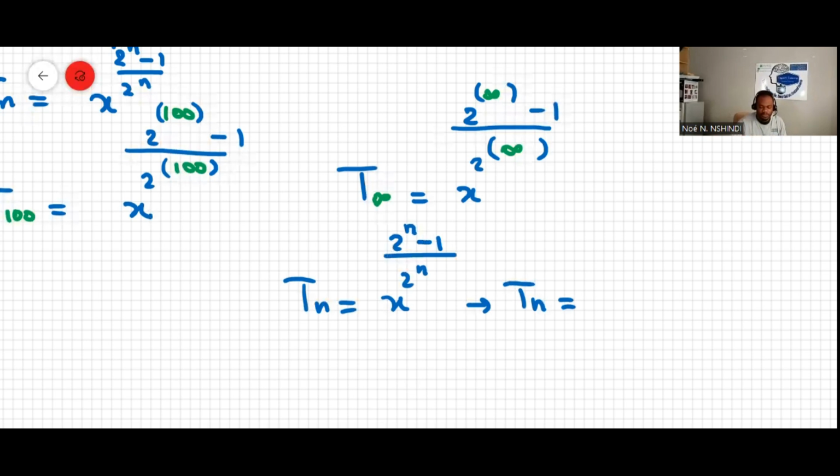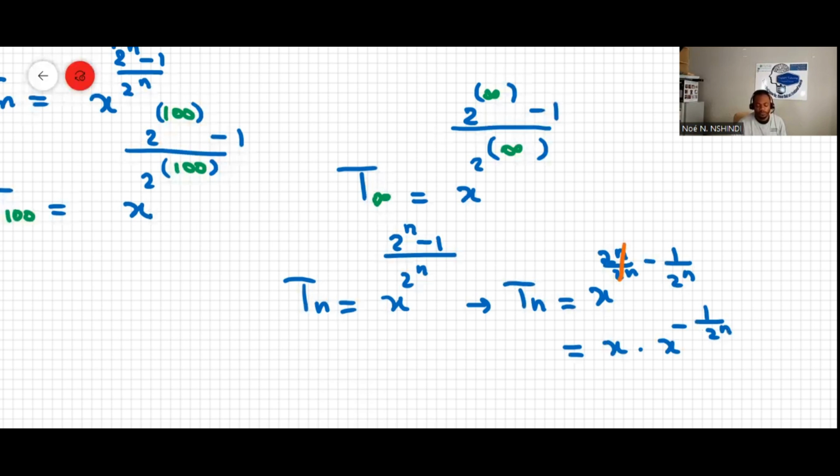It will be x to the power of 2n over 2n, minus 1 over 2n. Over here we can simplify the fraction, and this makes x to the power of 1, or just x, multiplied by x to the power of -1 over 2 to the n. Now we can simplify this way.